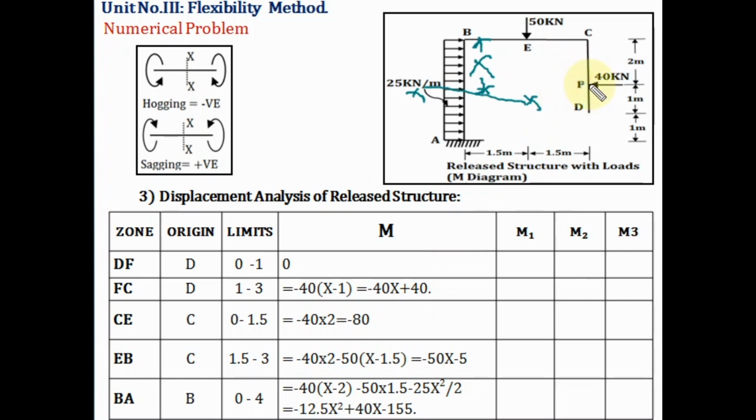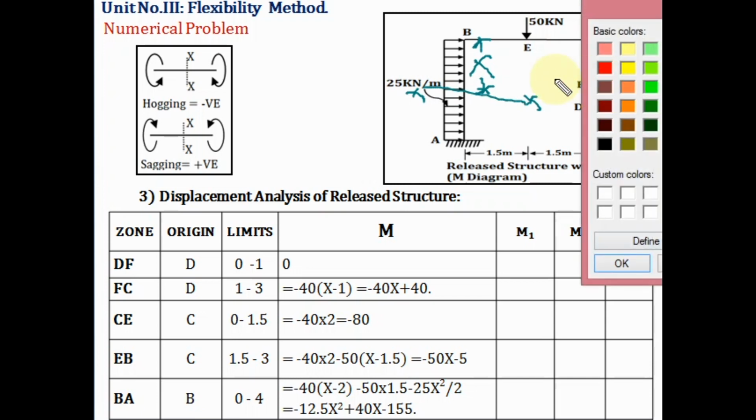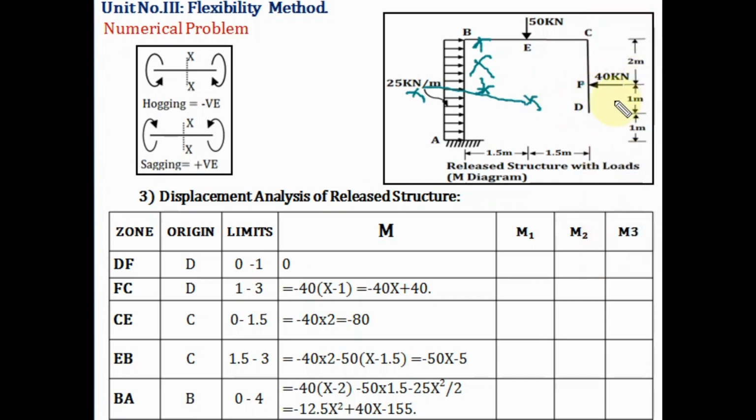So it will act like this. Now instead of this 40 acting here, according to the principle of transmissibility, if you act this force here, it will act here. So the nature of bending moment will be hogging. So minus 40 into x minus 2, because we are measuring from B, so x minus 2.